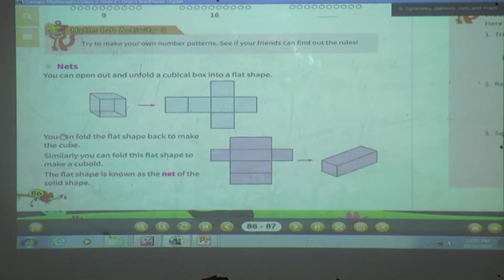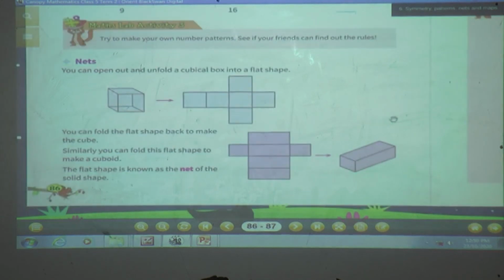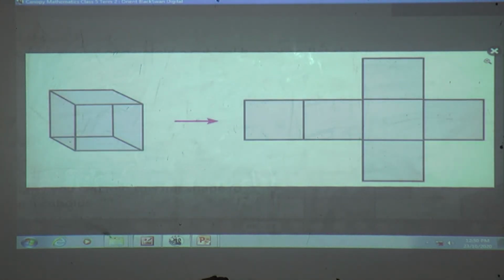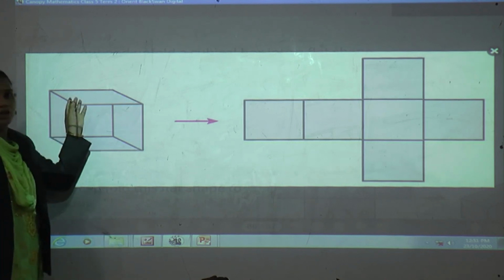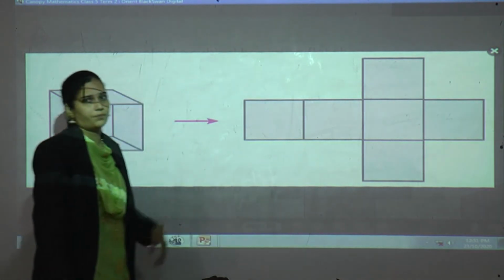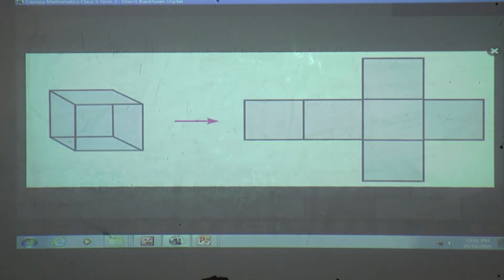Page number 86. You can open out and unfold the cubical box into a flat shape. See, this is a cube. When we unfold it, it will look this way. That means this is a net of a cube. You can fold the flat shape back to make the cube.